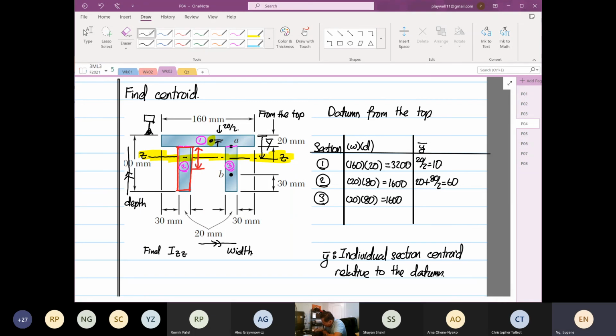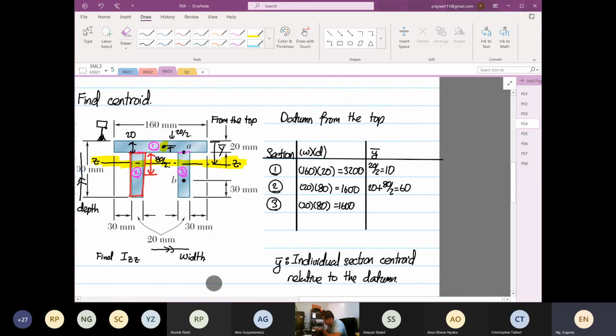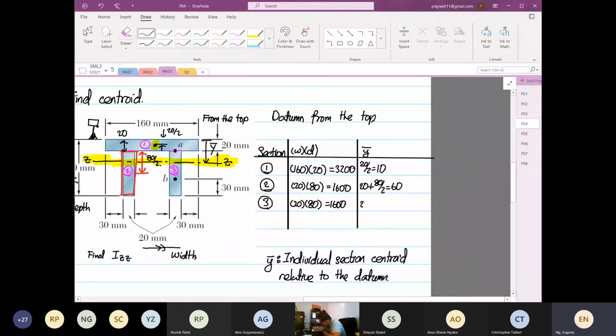This is 80 divided by 2, and the distance from here to here is 20. Likewise, the next part is the same. And the final one, oh, I'm so tight for space. Let me see whether I can squeeze it in. Yeah, squeeze.